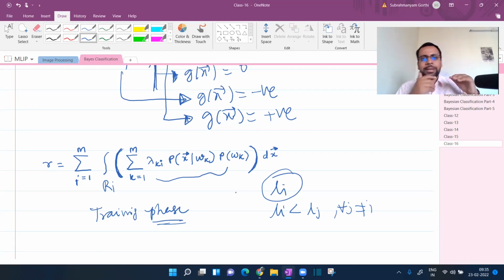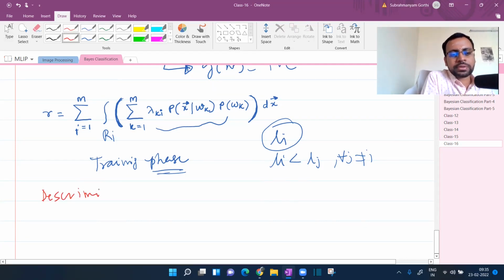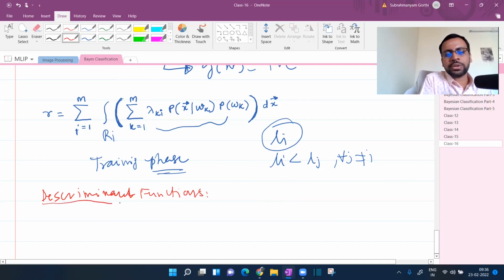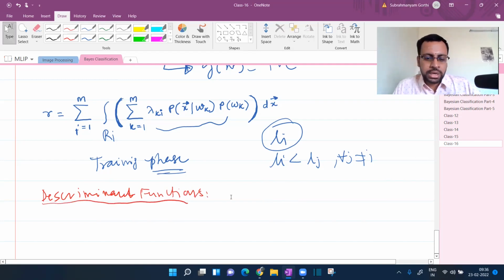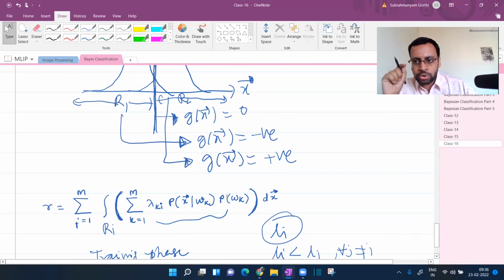So people do it in a slightly different way, using something referred to as discriminant functions. Notice here, for computing these decision planes in the training phase, you need to model the prior probabilities.